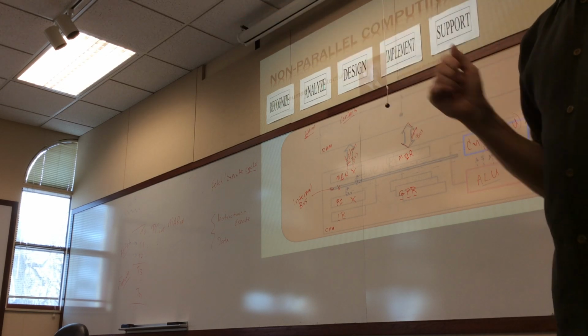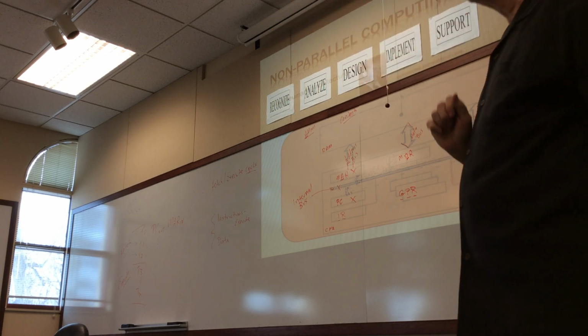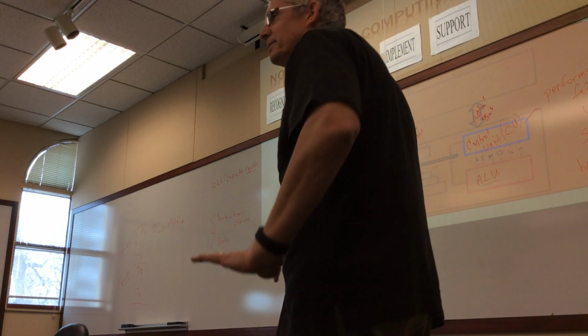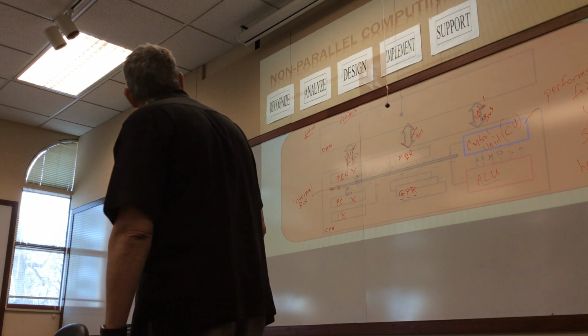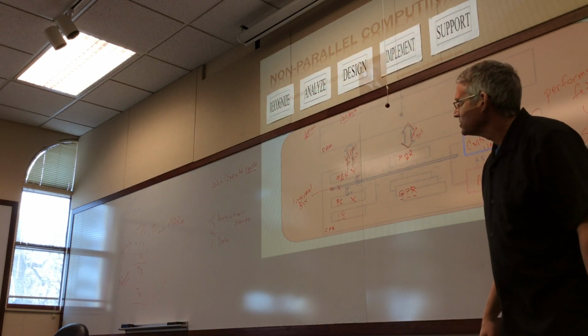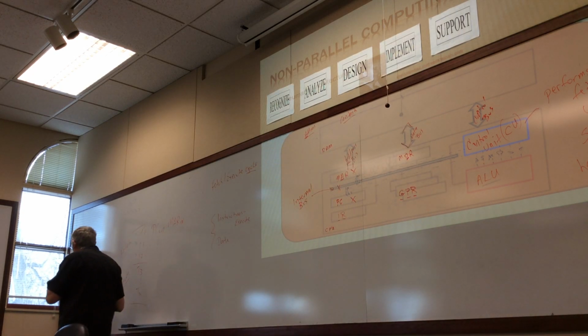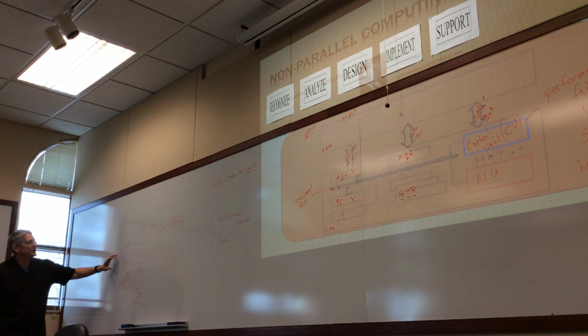Now, you mentioned pipelining. That's the next topic. We'll get it next week. But what is pipelining? Just as a teaser. Let's say we take an instruction and break it up into the fetch part and the execute part.